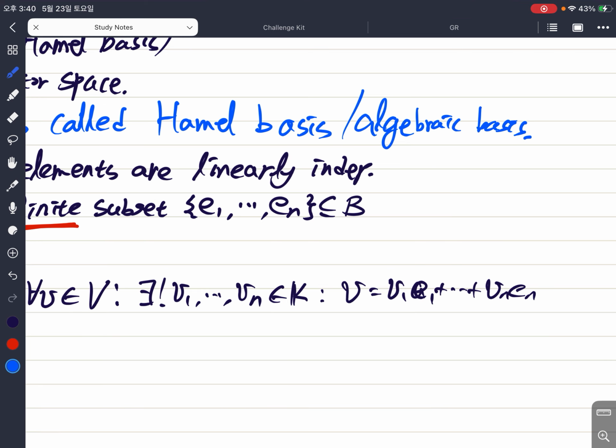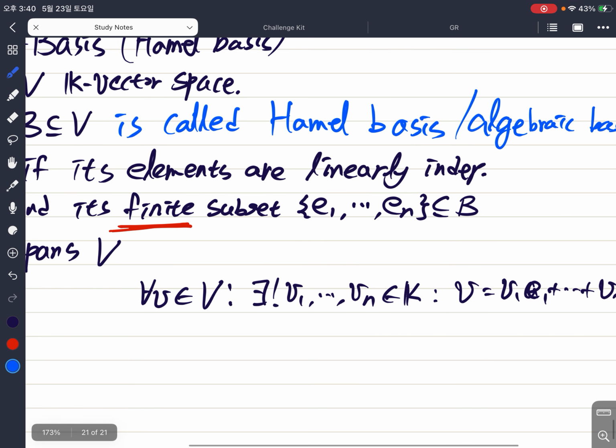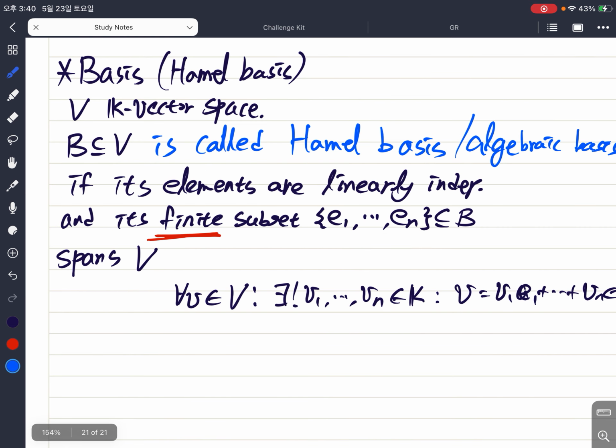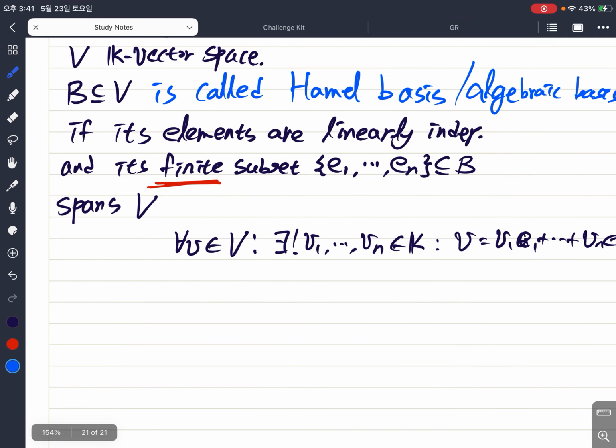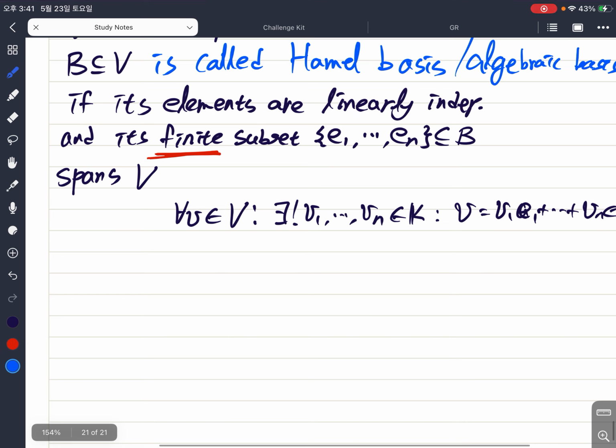It should be finite because we don't know any topology or analysis, so we don't know whether infinite series converge or not. We will not say anything about it; we will always do some finite summation. In physics, we just call this complete.